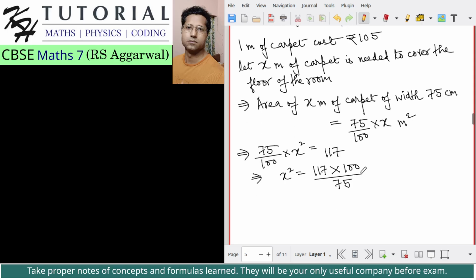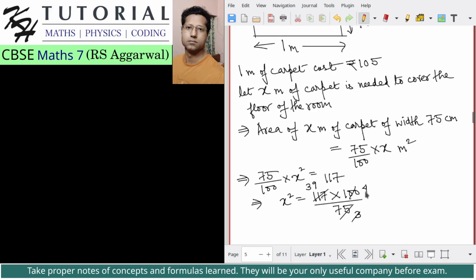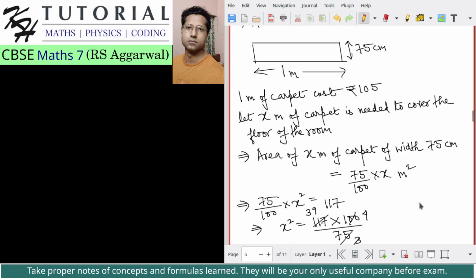So let's simplify. 25, 3, 25, 4 and 3, this will be 30 x. This will be 25, 3, 24, 9, 39. Why is it 39?